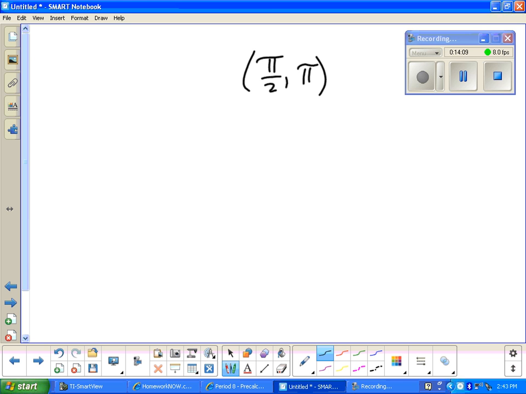Problem number 14 in your book said, given the interval pi over 2 to pi, sine, cosine, and tangent could be positive or negative. It's number 14 on page 381. So you've got to have this memorized for tomorrow, or at least in your notes.